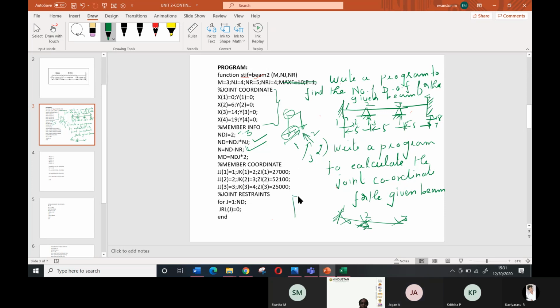How do you analyze the plane frame? How did you number it? Number the joints: the horizontal as 1, vertical as 2, and this is 3. So the number of degrees of freedom for a joint is 3.